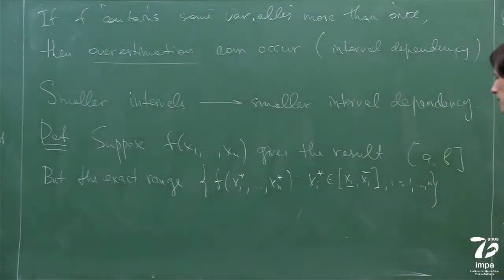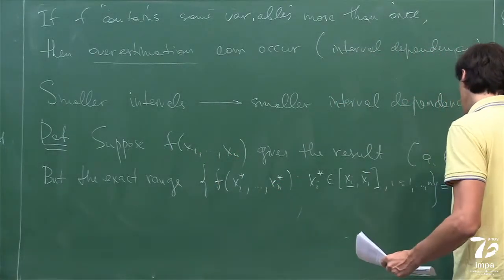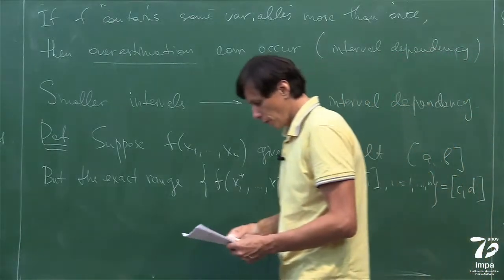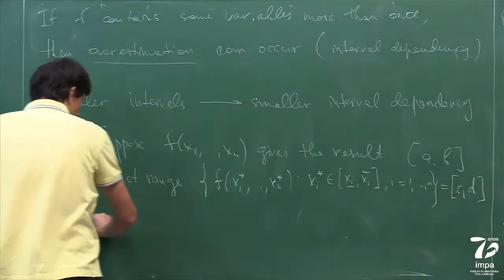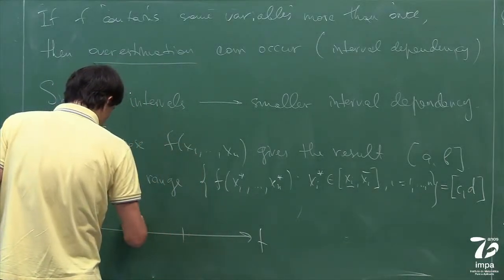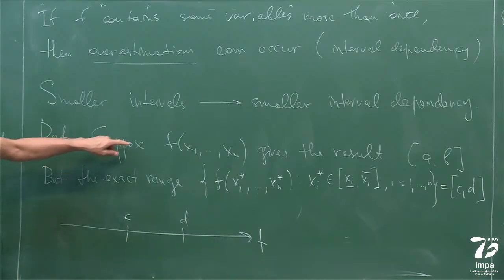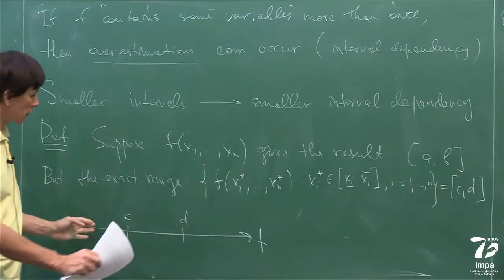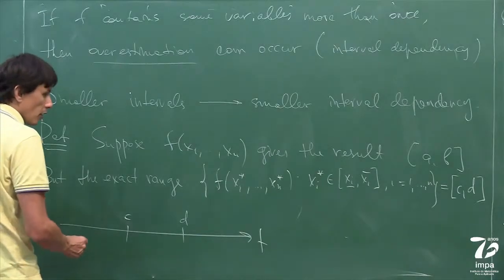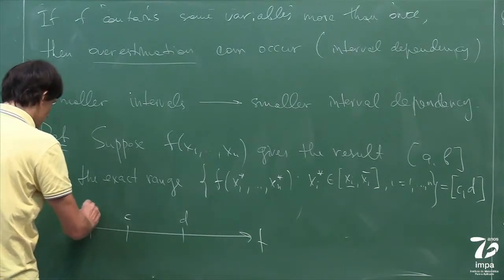Suppose the exact range for these intervals, for these variables, is some other interval, CD. So we have the exact interval CD, which is the range. And your algorithm gives you some interval which certainly contains CD because we're with exact arithmetic. We have a rigorous estimation, but it can be bigger.